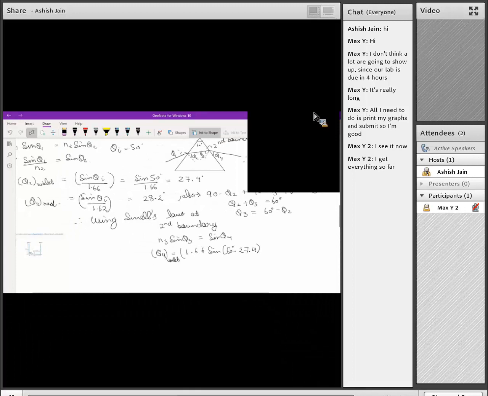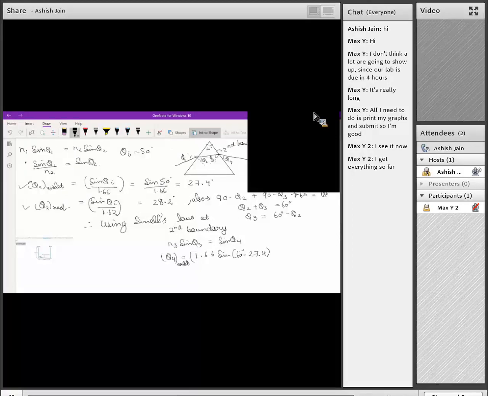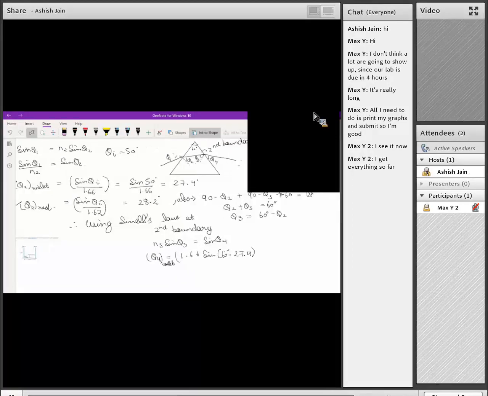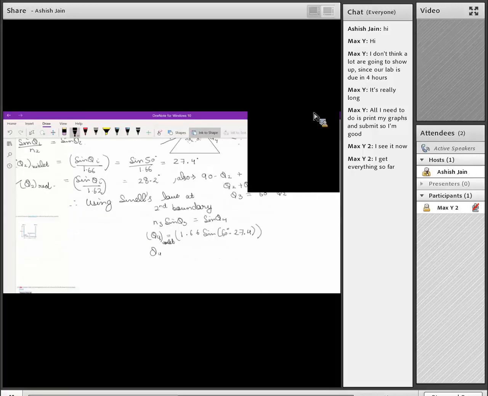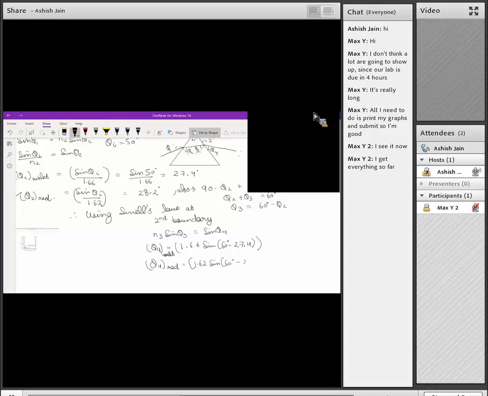I'm getting this from here and here. And theta 4 for red has 1.62 sine of 60 degrees minus 28.2.